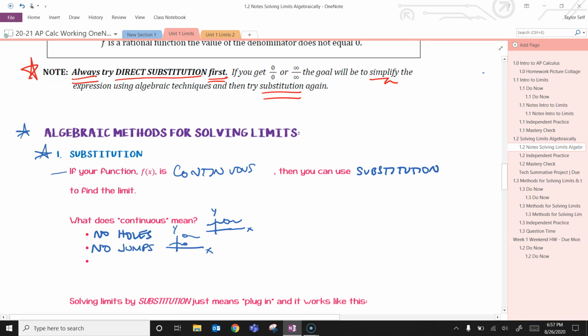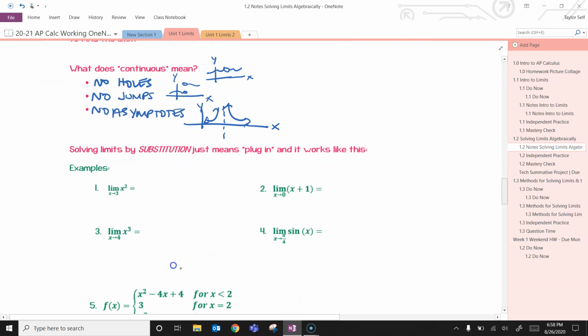And lastly, for your function to be continuous, there can be no asymptotes. Here's an example of what a function with an asymptote might look like. You get the picture. So if we're continuous, we have no holes, no jumps, no asymptotes.